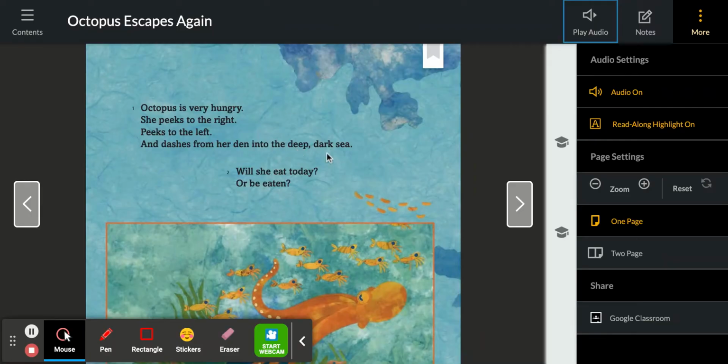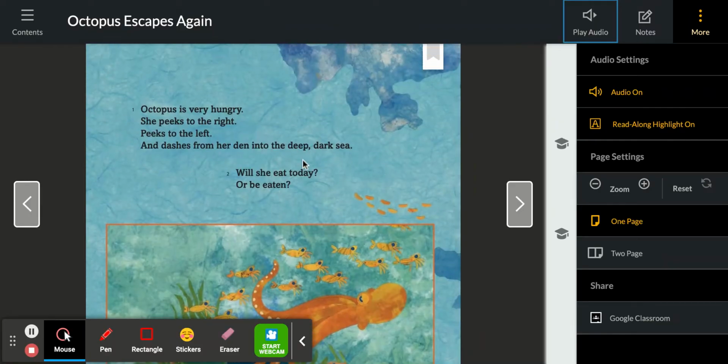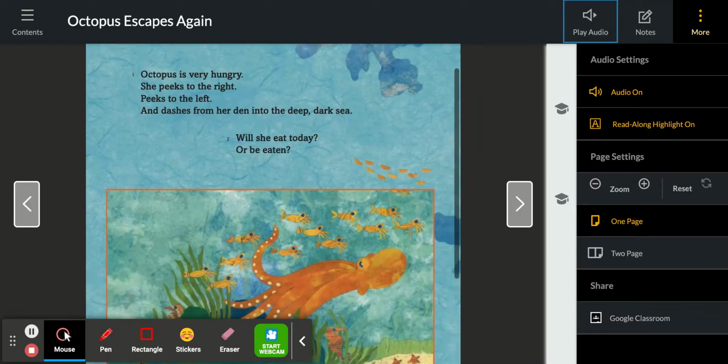We know it's in the deep, dark sea. And it says she's hungry. And it says, will she eat today or be eaten? And if you think about again the title, Octopus Escapes, you've probably guessed that maybe this is a story about this octopus that's in the deep, dark sea. And she's running away from predators so that she won't be eaten, but she's also trying to eat something.